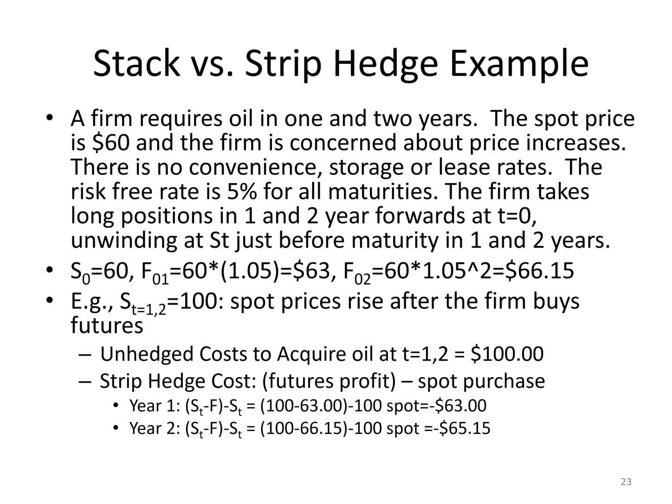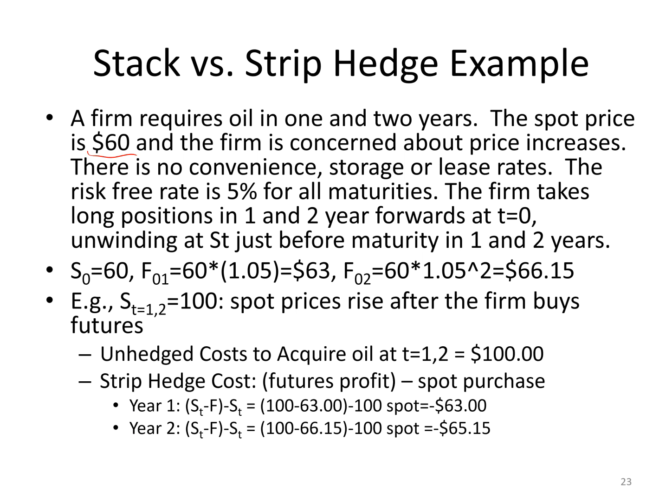So let's do an example of a company that needs to purchase oil, and say the current spot price per barrel is $60 per barrel. And this firm is worried about price increases. Let's assume that we can simply use our no arbitrage cash and carry price and say that futures price is simply the spot price times 1 plus r plus my storage minus my convenience minus my lease.